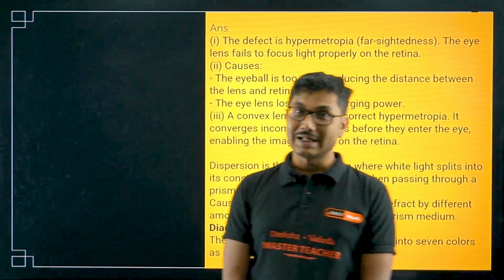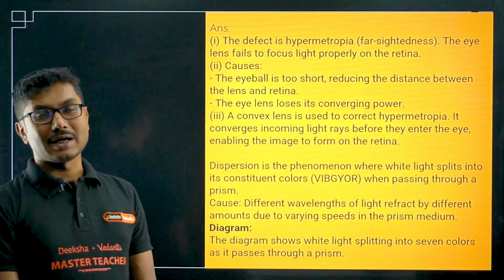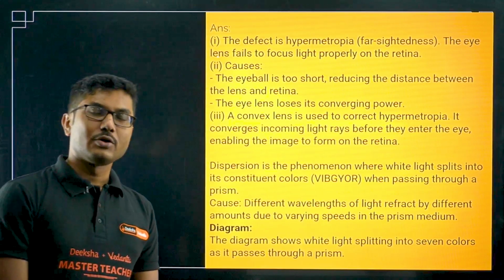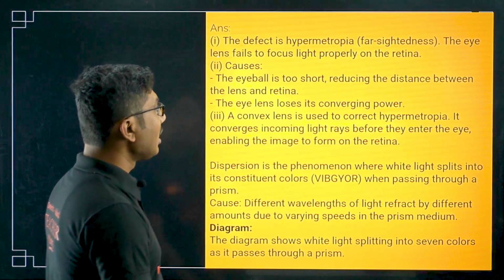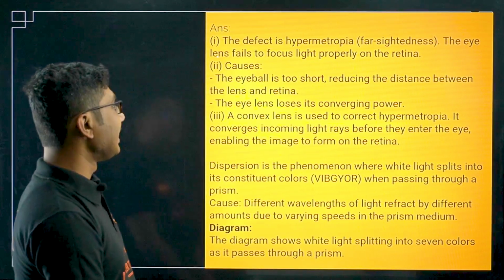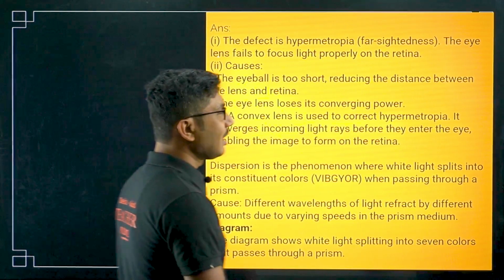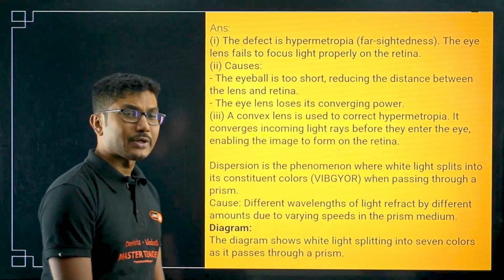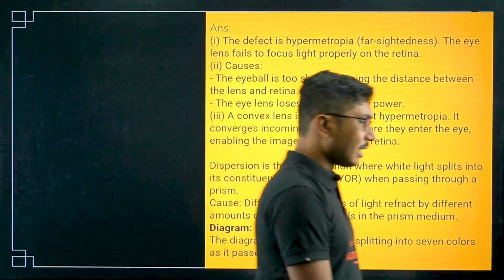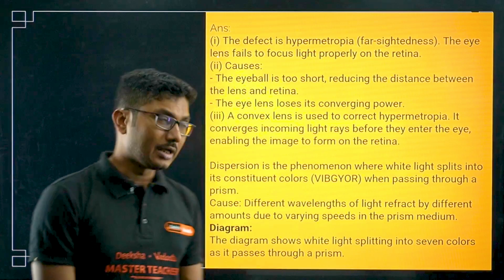It is the eye lens, because it cannot focus the rays coming from nearby objects onto the retina. The causes: the eyeball is too short, reducing the distance between the lens and the retina; the eye lens loses its converging power; or, not as convenient, you can say that the ciliary muscles are not able to adjust for closer objects. That is the main reason.